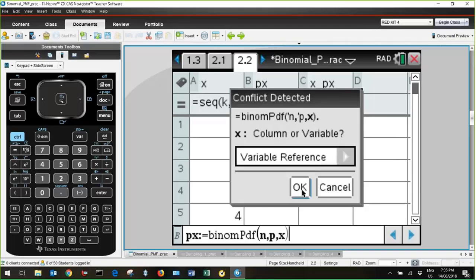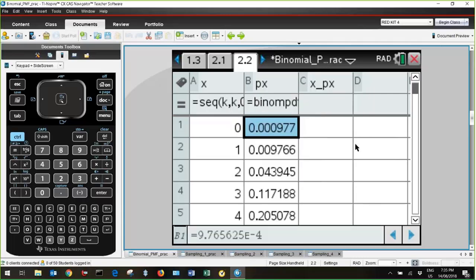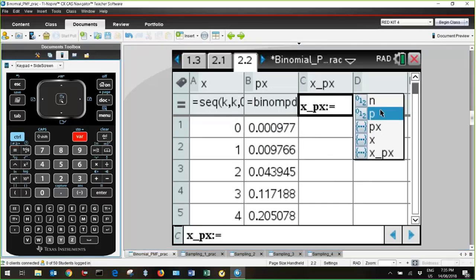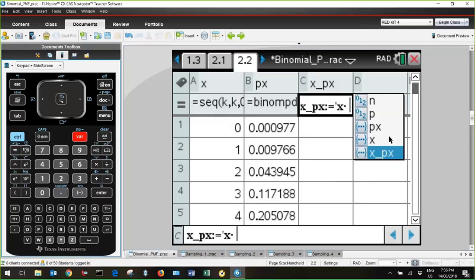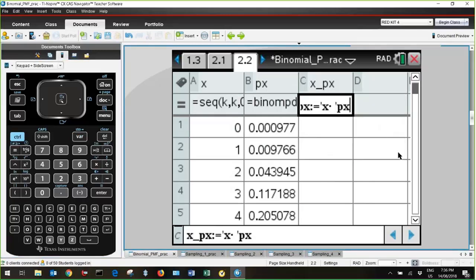And I'm going to do one more thing. I'm going to have the product of x times its probability, so x multiplied by its probability. And I think I've got everything I need.